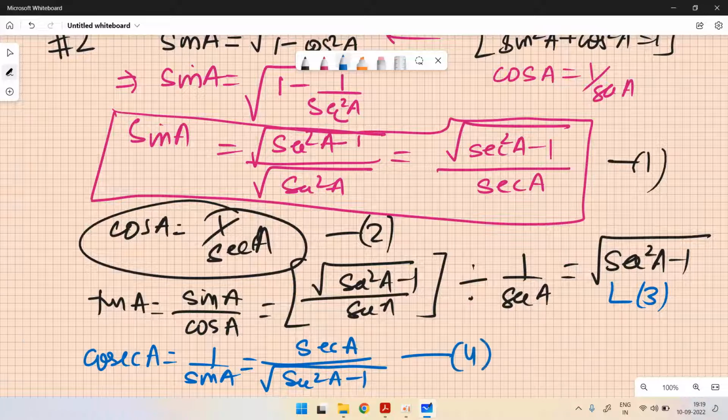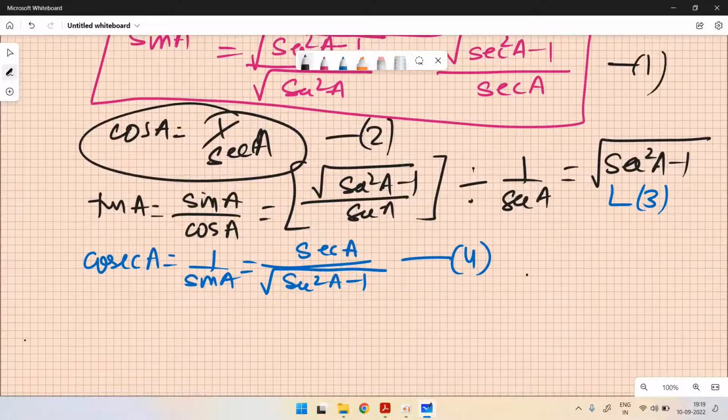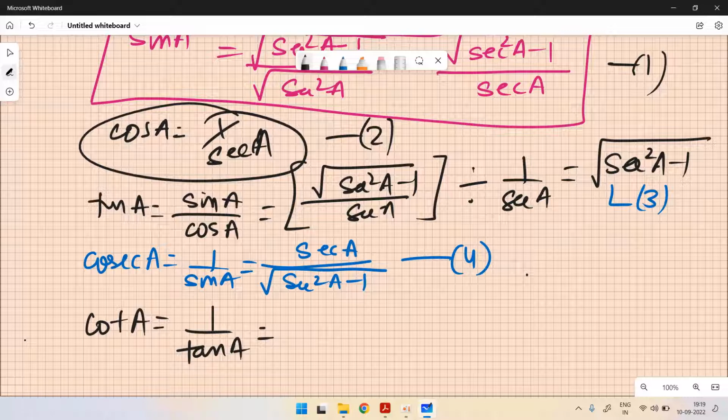This is my fourth equation, and my fifth equation will be cot A, and you know that cot A is nothing but 1 by tan A. So the inverse of equation number 3 is 1 by under root of secant square A minus 1. This is my fifth equation, and this is my total. So I have expressed all parameters in terms of secant A.